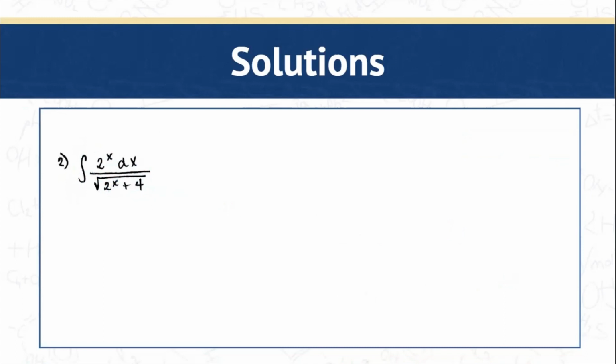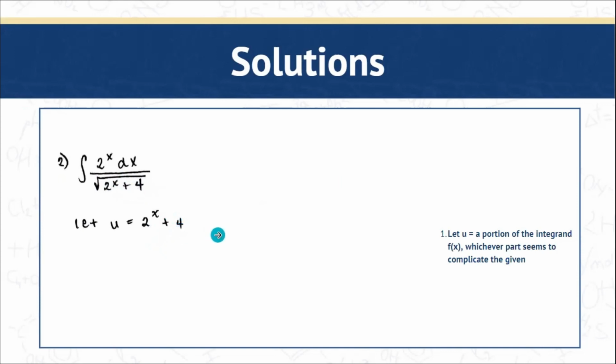So du should also be another way to simplify our given. So what if we try whatever is just inside of the square root? So let u be equal to 2 raised to x plus 4. And if that is our u, then our du would be equal to 2 raised to x natural log of 2 dx.